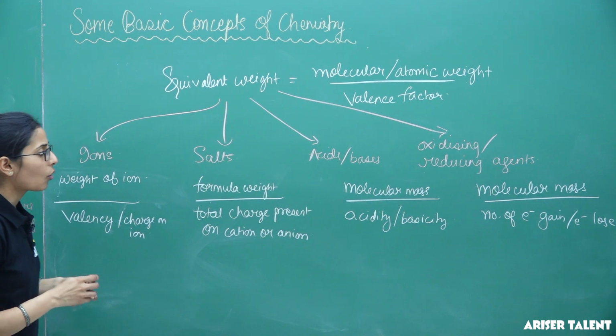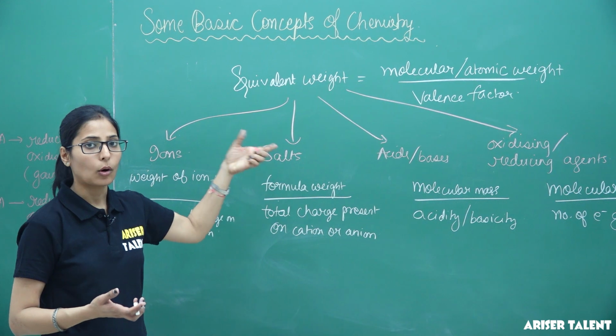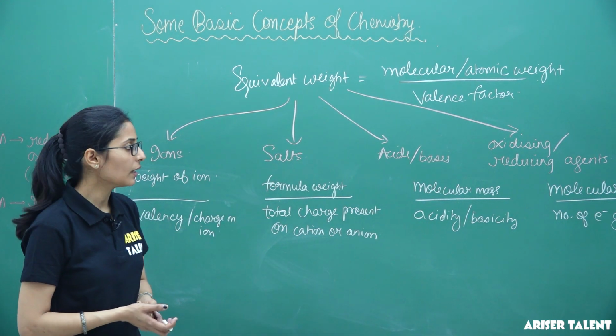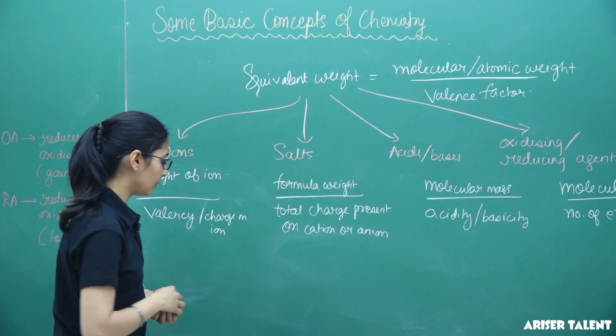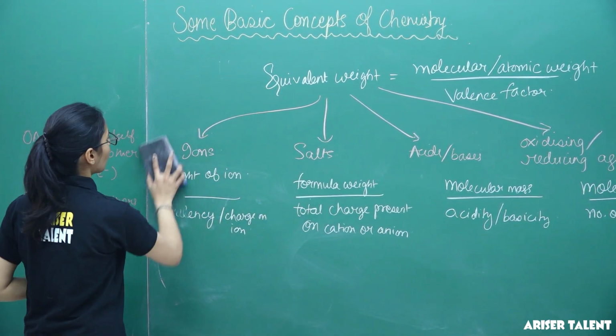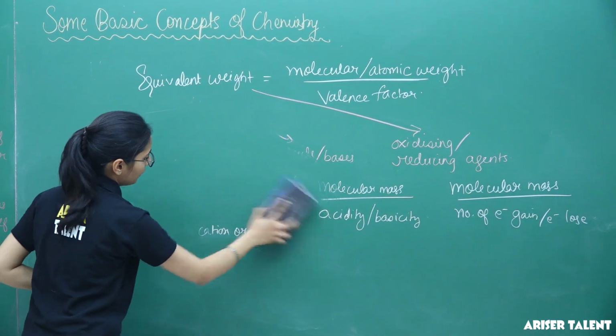According to the species we are dealing with, we write the formula for the equivalent weight. I think this is quite fine, and now I am going to give you an example so that it will become more clear to you.